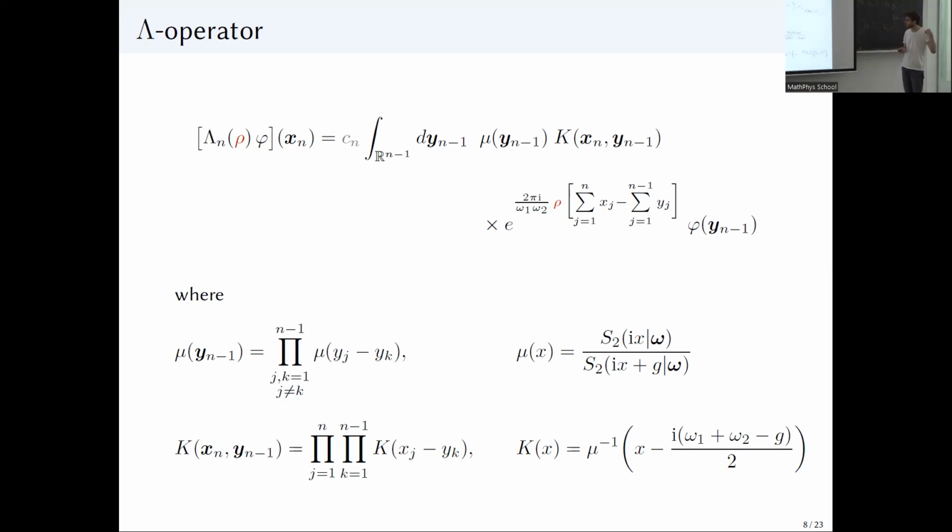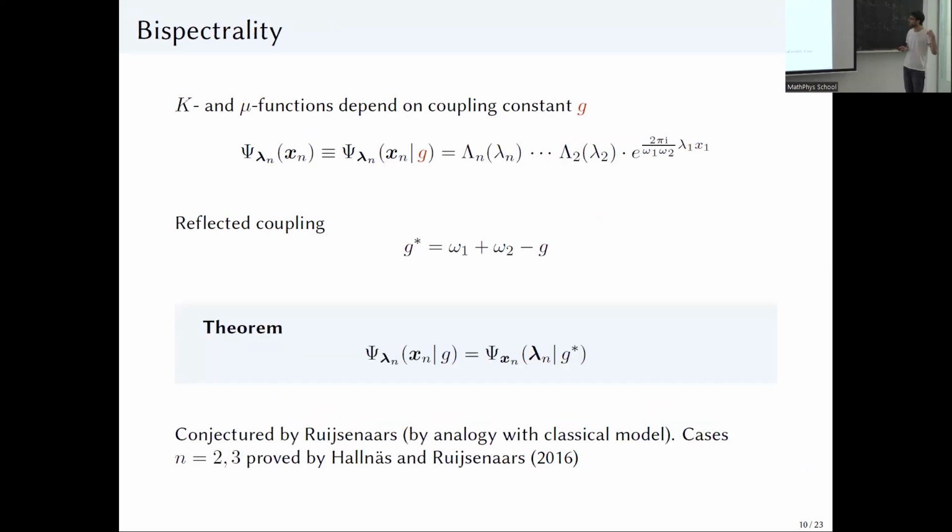And now let me state one of the symmetries which we proved with Sergei Derkachov and Sergei Khoroshkin. This was the symmetry that they conjectured and proved in the case of 2 and 3 particles, but with different methods. And in what follows, I will explain how it is proved in the general case. So again, this is just the construction of Hallnäs and Ruijsenaars, and the eigenfunction is this recursive chain of lambda operators at the end acting just on the simple plane wave.